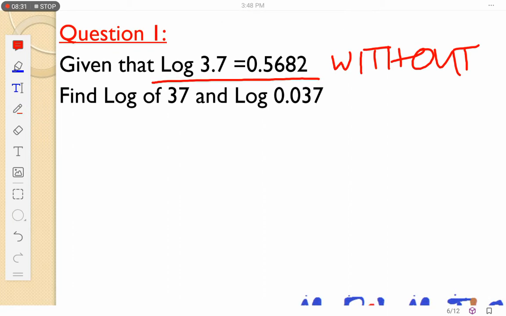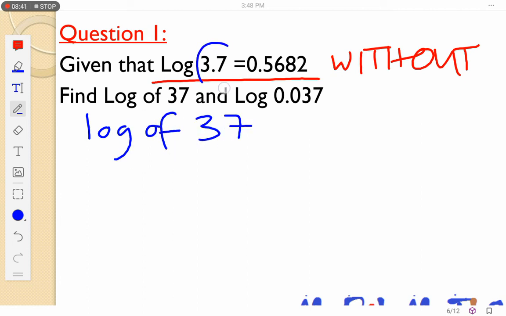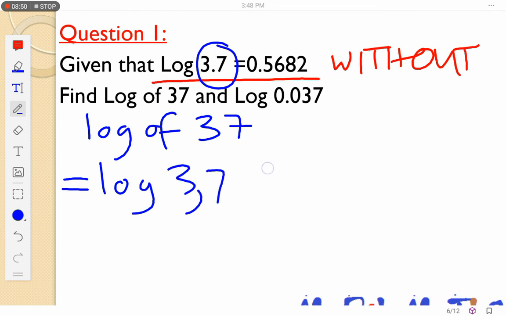For example, the first one where we want to find log of 37, we are given 3.7 there. What happens is this: we can rewrite this as log 3.7 times log 10. Okay, this is a times here.